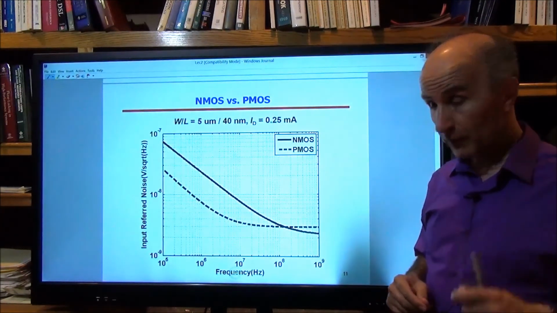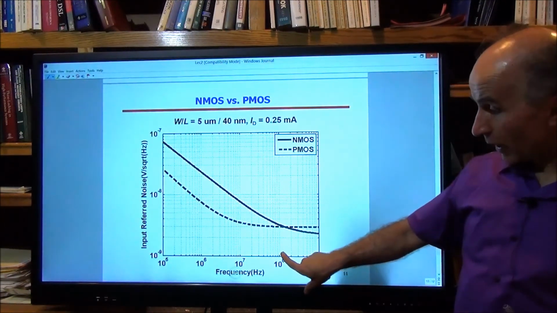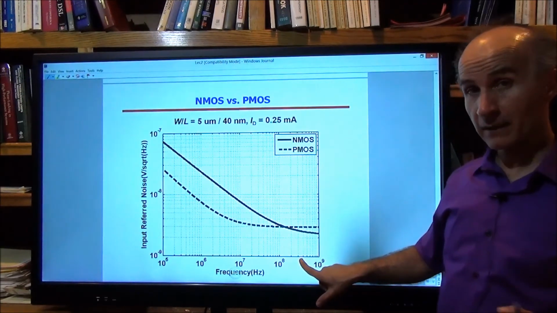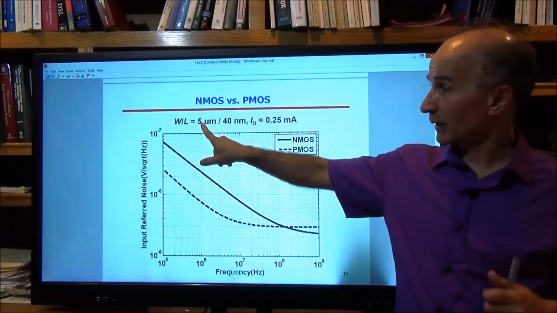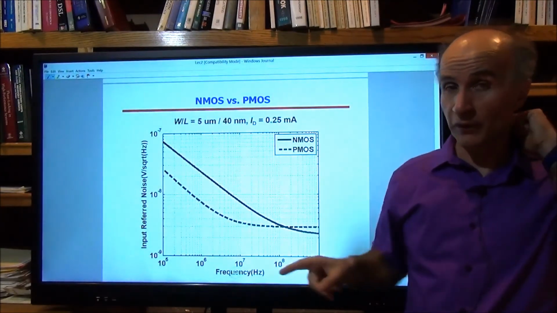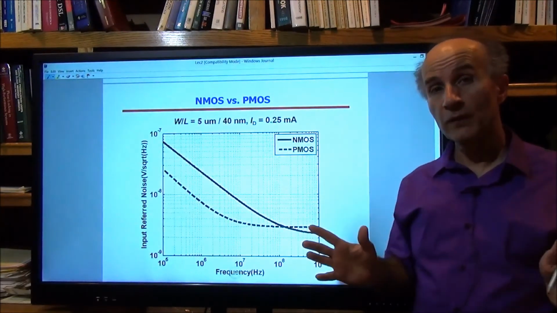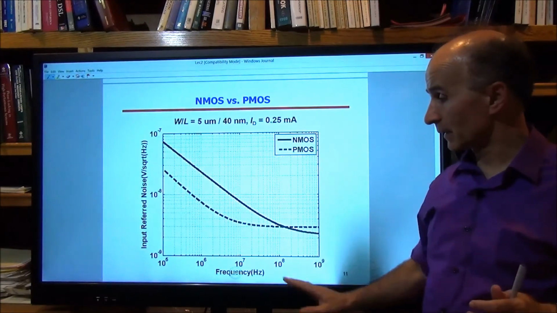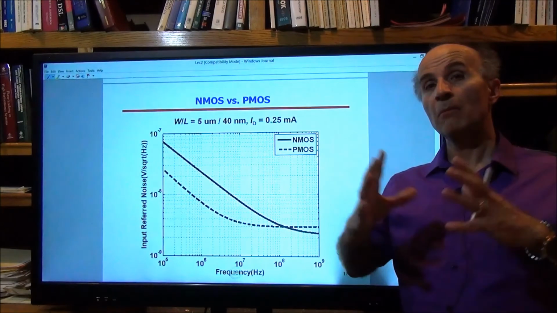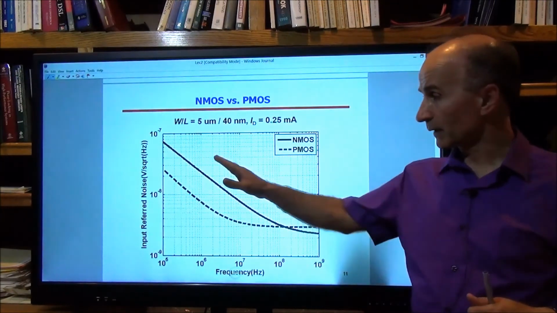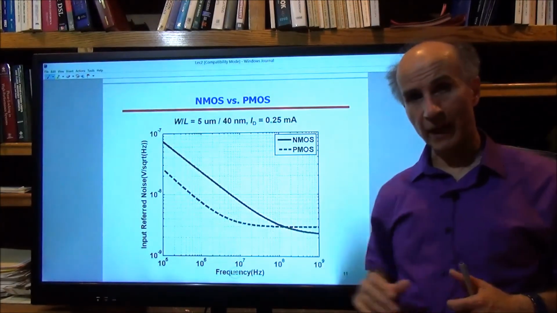The NMOS corner frequency can be as high as hundreds of megahertz, and this is very serious. That means that this device dimension or channel area of 5 microns times 40 nanometers is way too small if we are interested in signal frequencies in this vicinity. So the device would have to be much larger in area so that the flicker noise goes down.